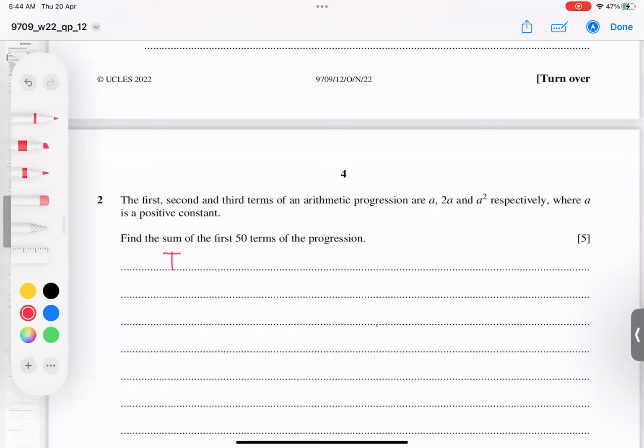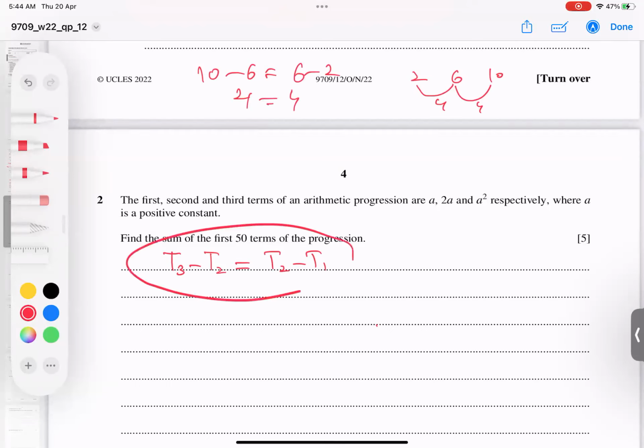T3 minus T2 is the same answer as T2 minus T1. I repeat. For example, 2 plus 4 gives you 6, 6 plus 4 gives you 10. So 10 minus 6, whatever the answer, 6 minus 2 is the same answer. Check it, they match.